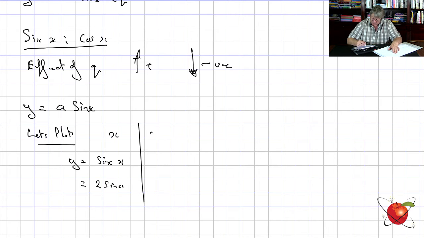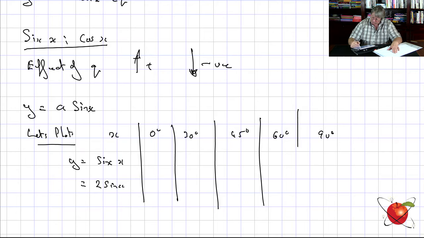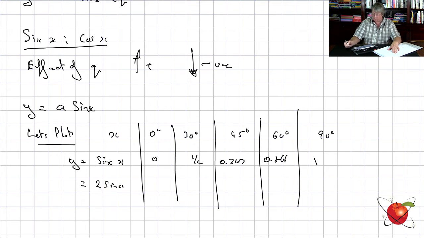Let's plot a few: 0, 30 degrees, 45 degrees, 60 degrees, and 90 degrees, just to get a feeling for what's going to happen. If I put it in with my calculator, I get 0.866 and a 1. Now, if I go y equals 2 sine x, I am essentially multiplying this value by 2.